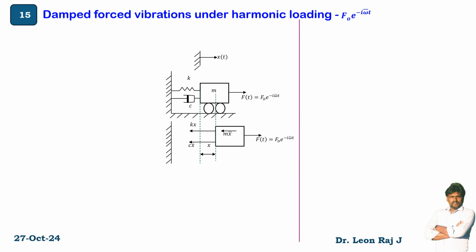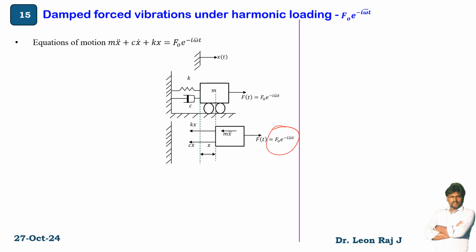So now the next derivation, that is damped forced vibrations under harmonic loading, that is f0 e power minus I omega t. These explanations I have given in the previous slides. So here the forcing function is nothing but f0 e power minus I omega t.